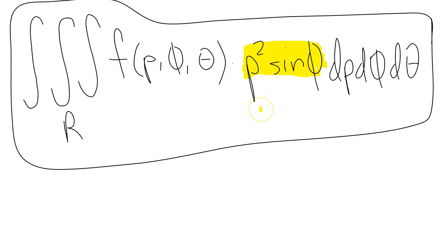Rho is kind of like r, and then rho sine phi literally is r. It's rho sine phi that is the idea of r in polar, and so we have a rho and then a rho sine phi. It's like rho times r showing up when we switch to spherical coordinates.